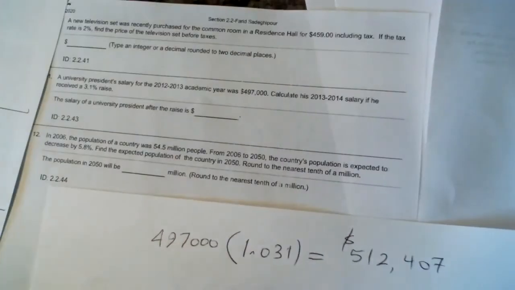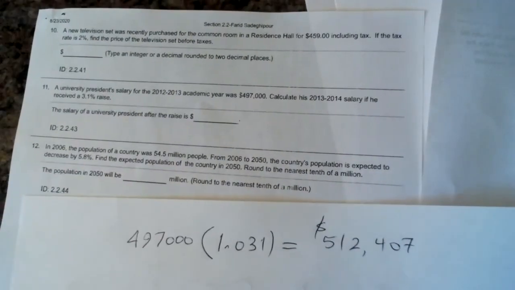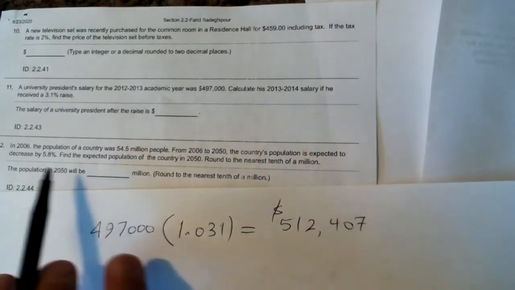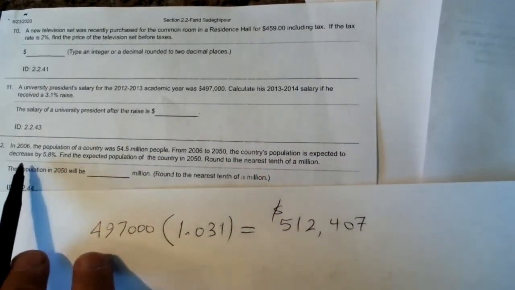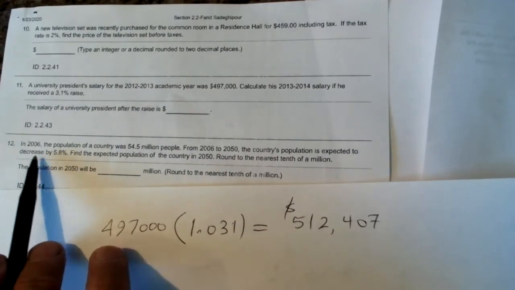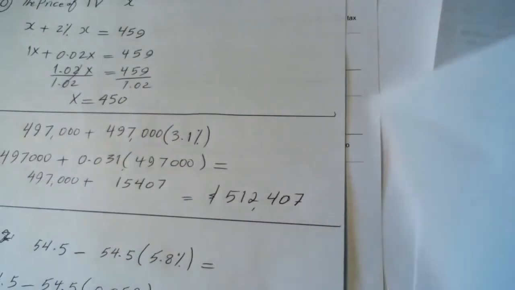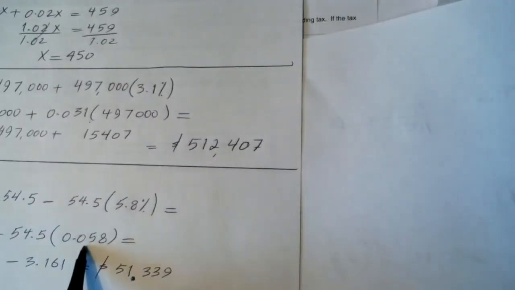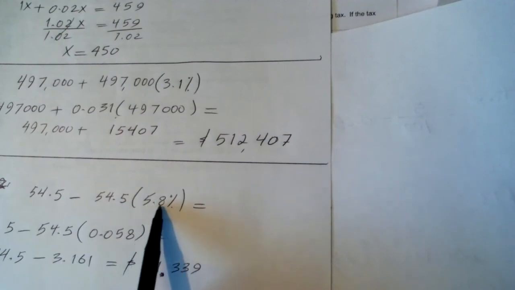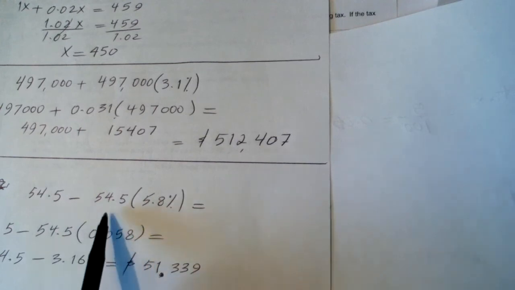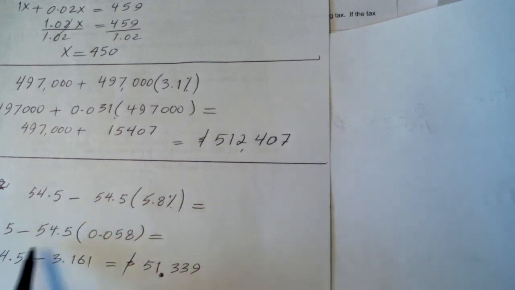The last one, population is 54.5, and there is a 5.8% decrease. 5.8% means what? Means 0.058. Remember, you take 5.8 divided by 100. You take that, you multiply by this, and then subtract, right?